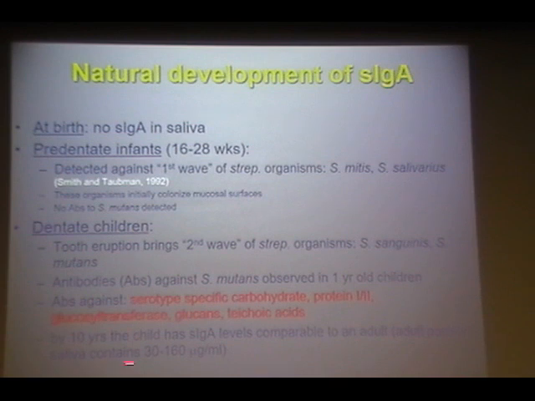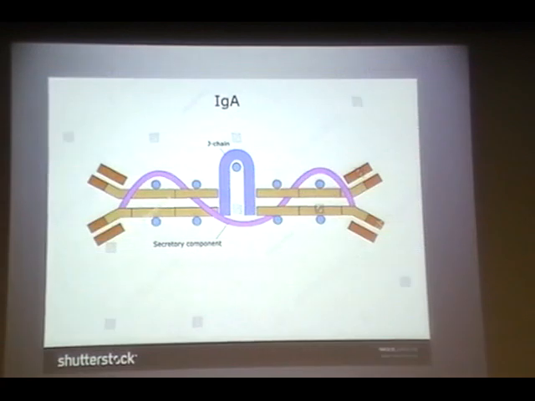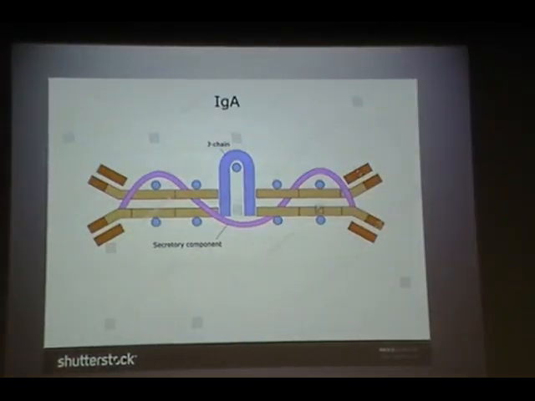And by 10 years of age, the secretory IgA levels in this child are about comparable to the adult levels. And that's what you see, that's the range. Okay? Stop me if you're not understanding something or if you want me to repeat anything.